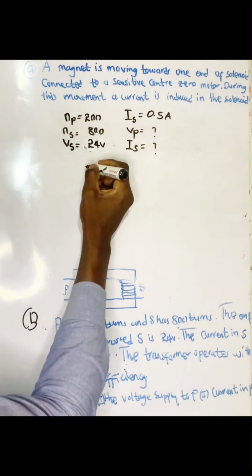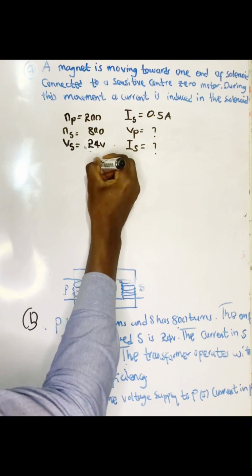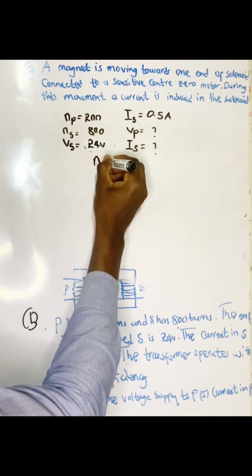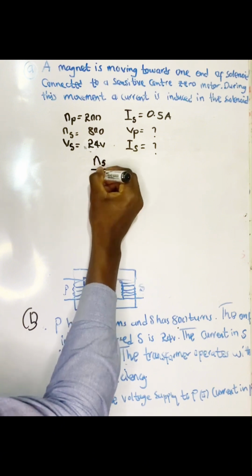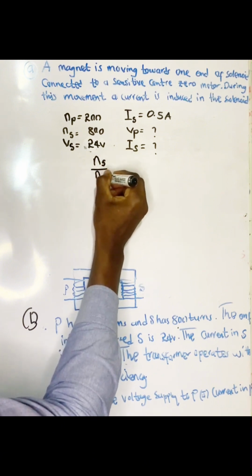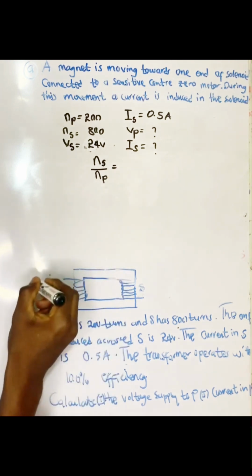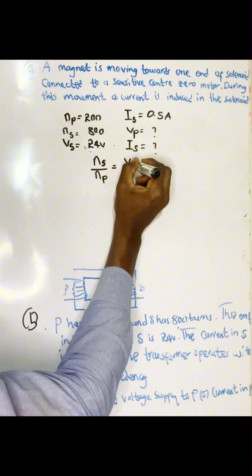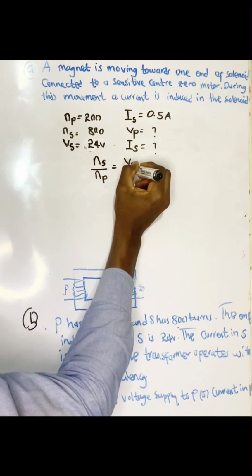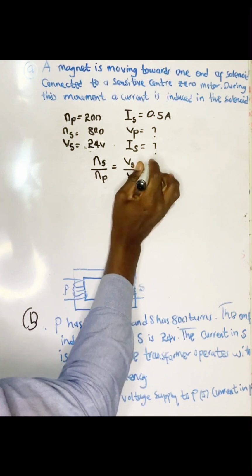Now, using the equation of the transformer, we can comfortably write that the number of turns on the secondary coil over the number of turns on the primary coil should equal the voltage on the secondary coil over the voltage on the primary coil.